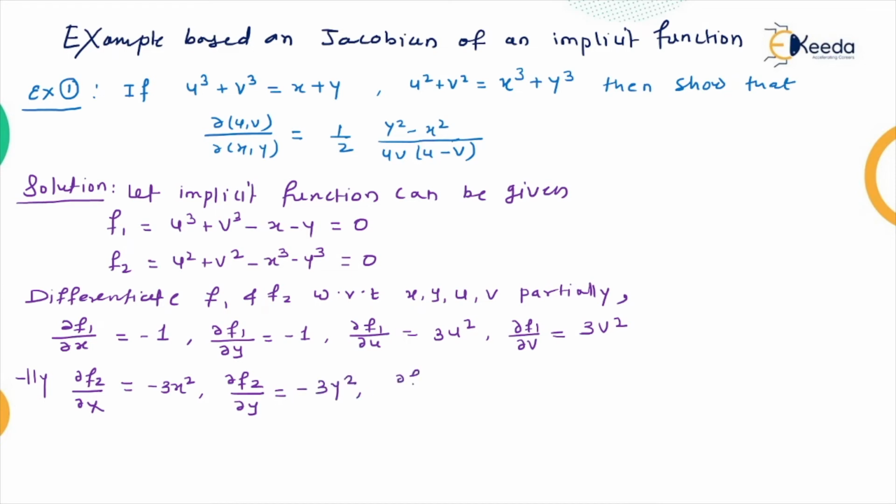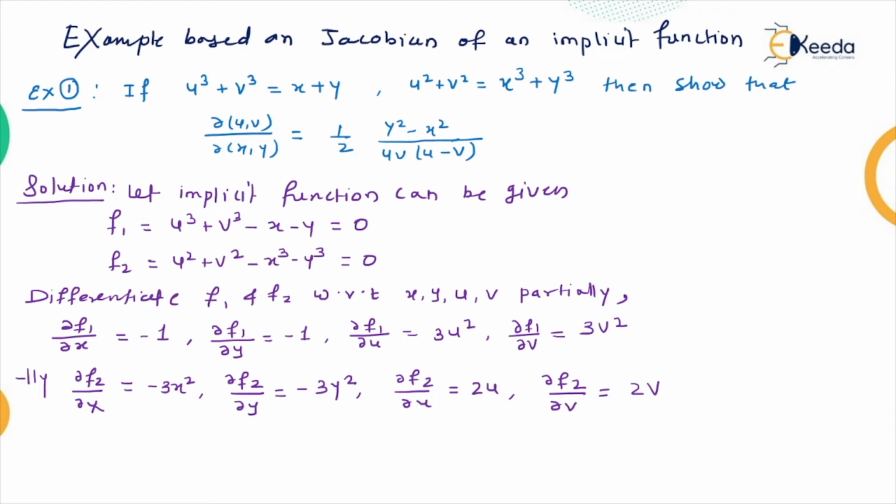Next, ∂f2/∂u, differentiation of f2 with respect to u partially, will be 2u. And ∂f2/∂v, keeping other variables constant, is 2v. I hope you understand what the partial derivatives of f1 and f2 are.